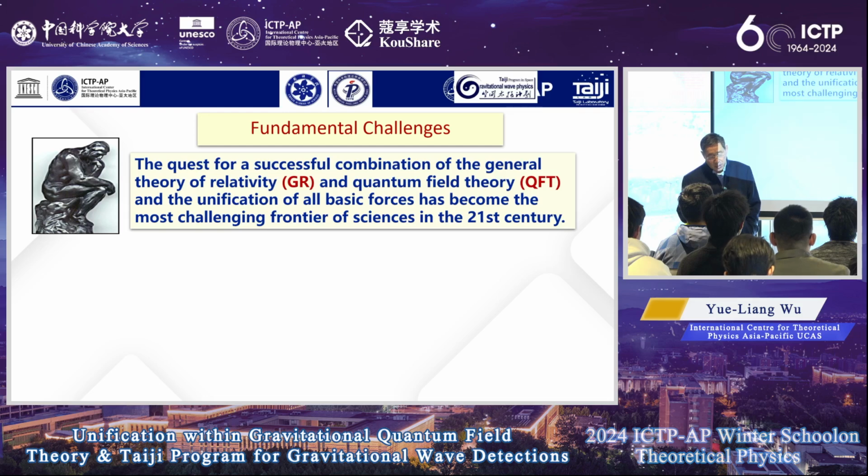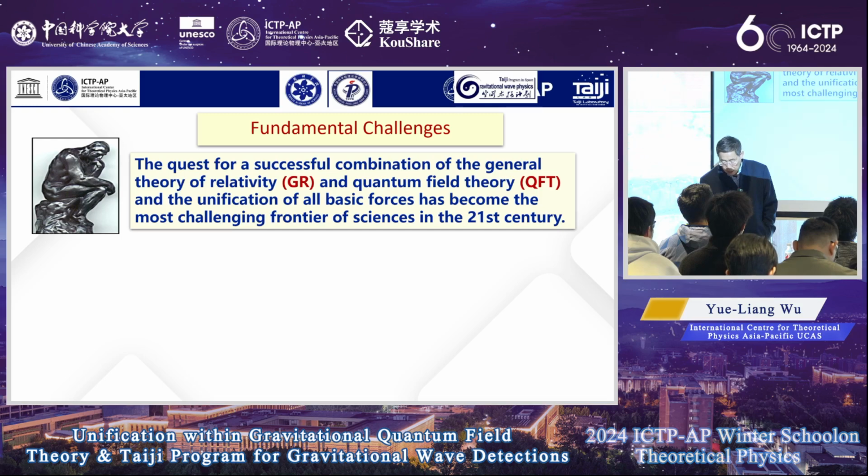So what is the fundamental challenge? The question is the successful combination of general relativity and quantum field theory, that is, how to unify all the basic forces. Actually this is the most challenging thing.